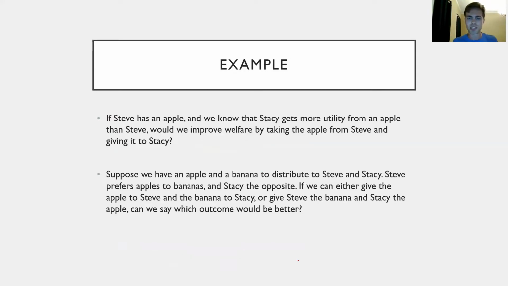Okay, and here are some examples to clarify what we can and cannot do. We just have 2 questions. If Steve has an apple, and we know that Stacy gets more utility from an apple than Steve, would we improve welfare by taking the apple from Steve and giving it to Stacy? And the answer is we don't know.